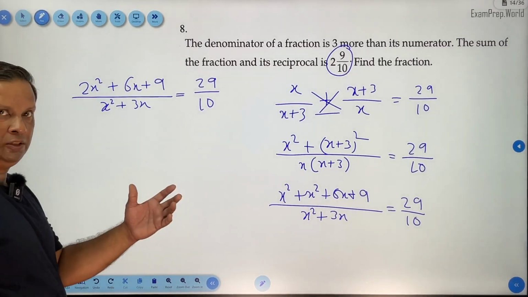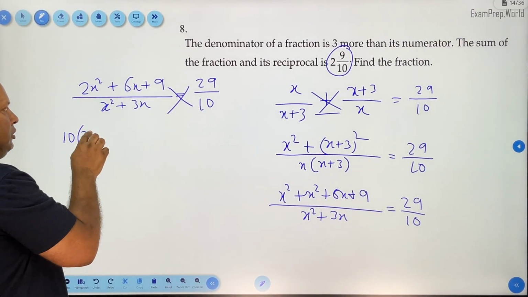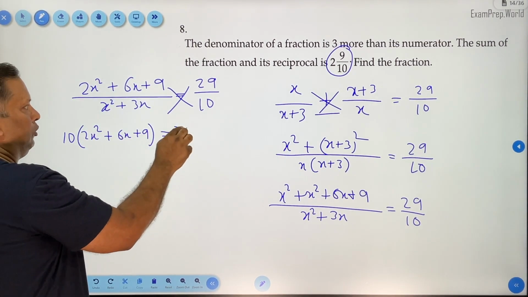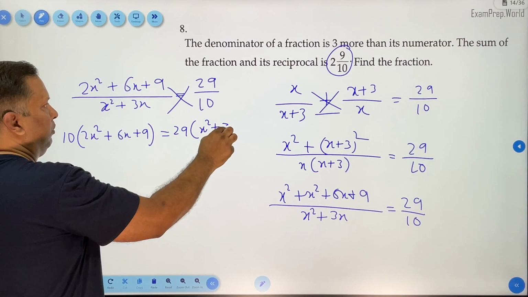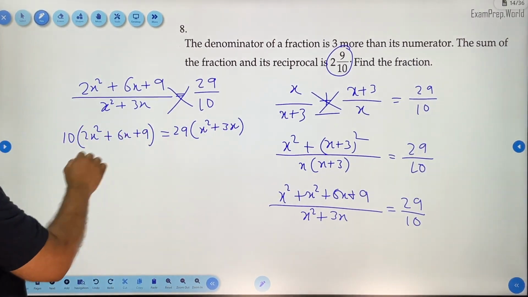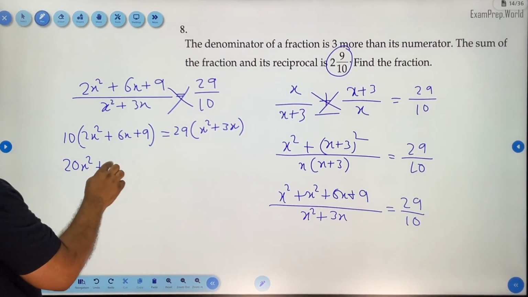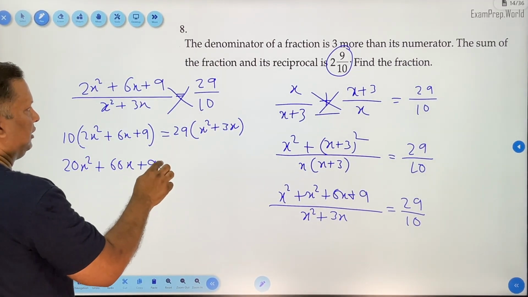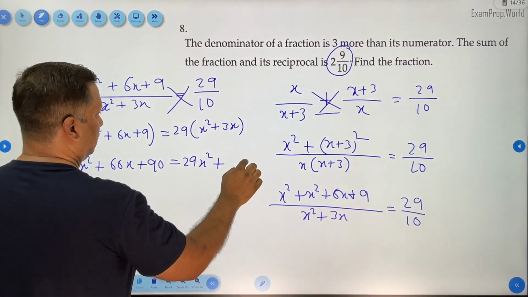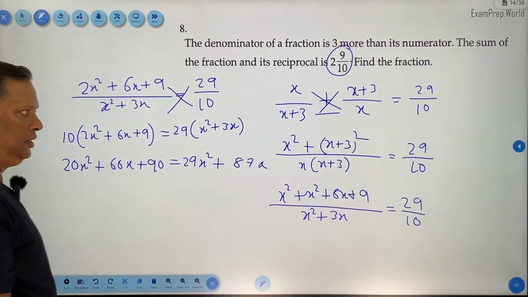What do we do at this stage? Cross multiply them. So 10 times 2x square plus 6x plus 9 should be equal to 29 times x square plus 3x. Okay. So now go ahead and solve this. This is 20x square plus 60x plus 90 equals 29x square plus 87x, right?